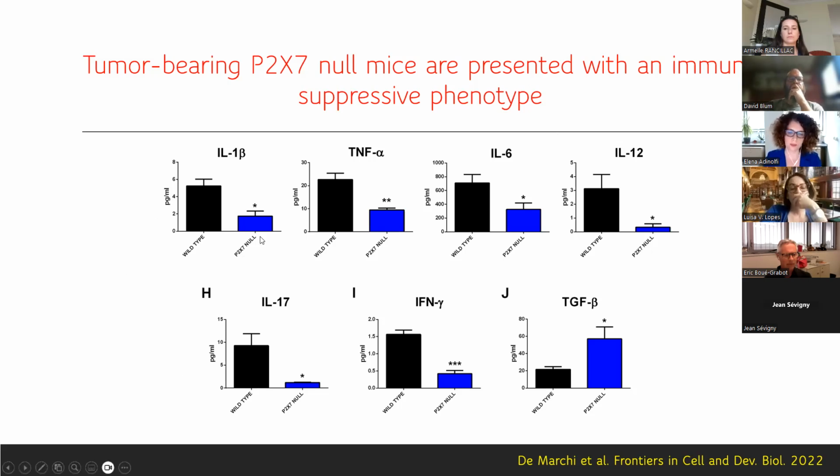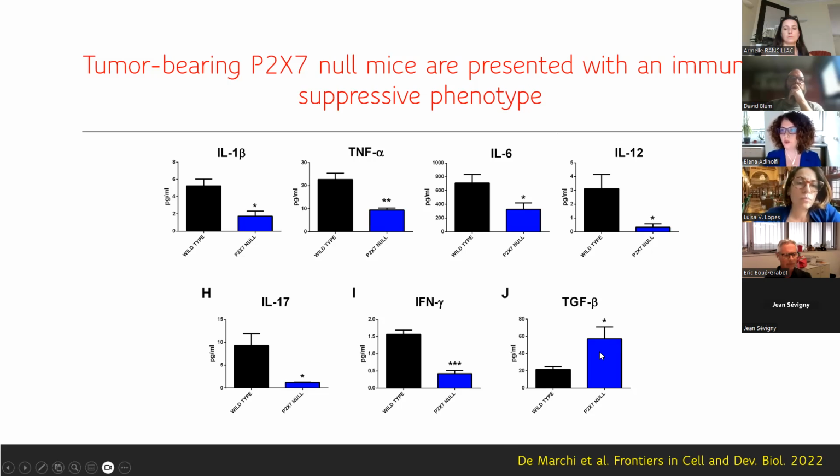Of course, as I expected, we can see a reduction of interleukin-1 beta, but we also see a significant reduction in TNF-alpha, interleukin-6, interleukin-12, interleukin-17, and interferon-gamma in our mice, while on the contrary, TGF-beta, which is immunosuppressive in the tumor microenvironment, was upregulated in the P2X7 null mice.